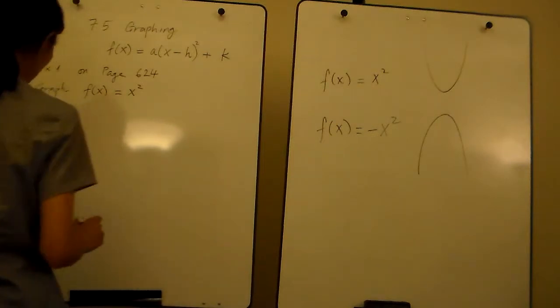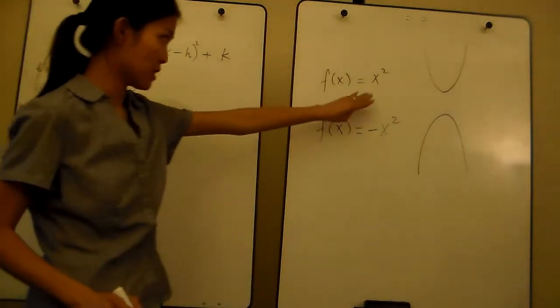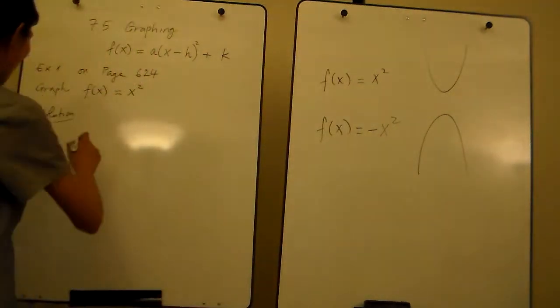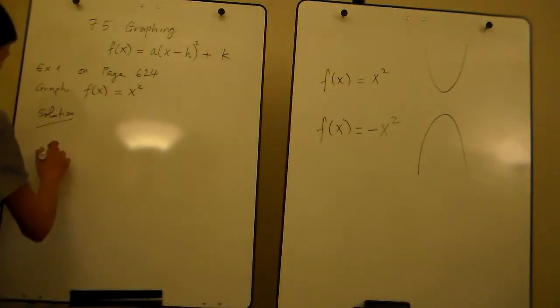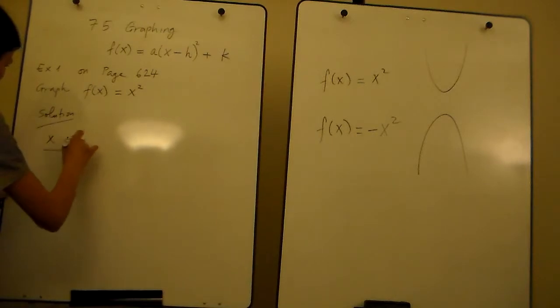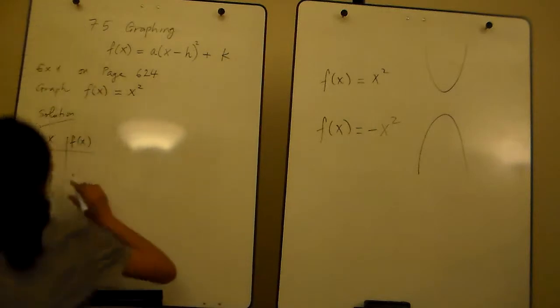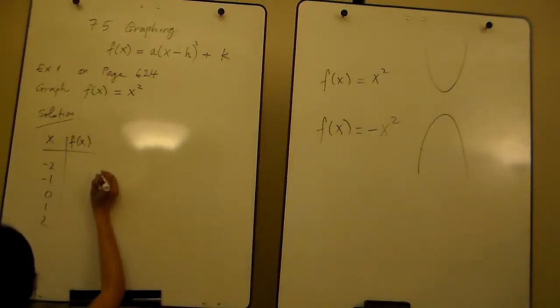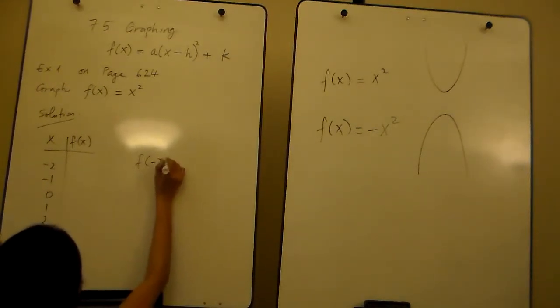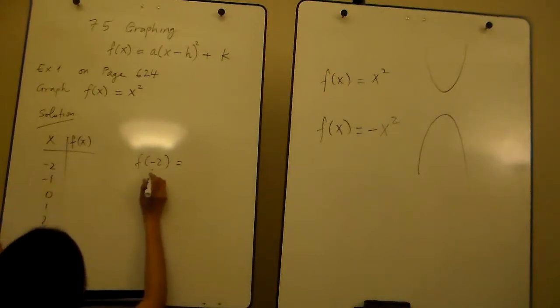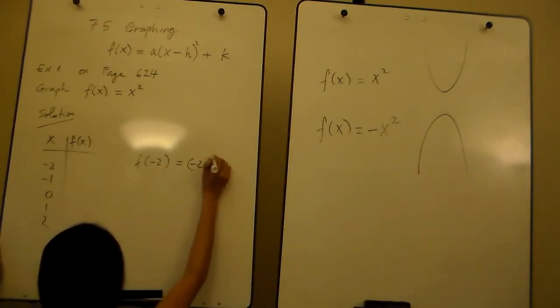To graph this, you know the shape when you see this. Just for accuracy, use a couple of points. How about -2, -1, 0, 1, 2? Let's use 5 points. When x equals -2, -2 squared is 4.